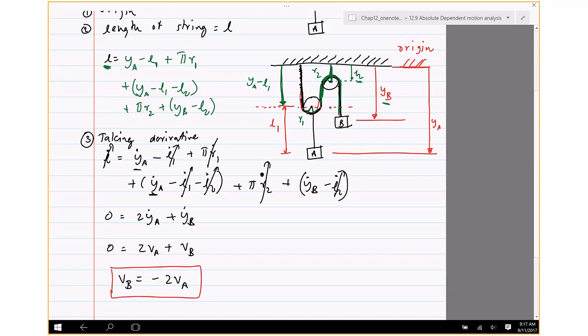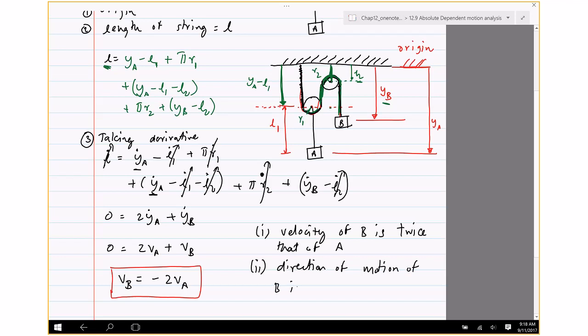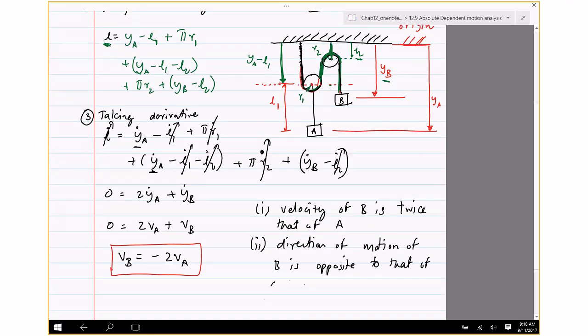Which is telling two things. One is that the velocity of B is twice that of A. And the second thing is that the direction of velocity of B, or direction of motion of B, is opposite to that of A. So this is indicated by the negative sign.